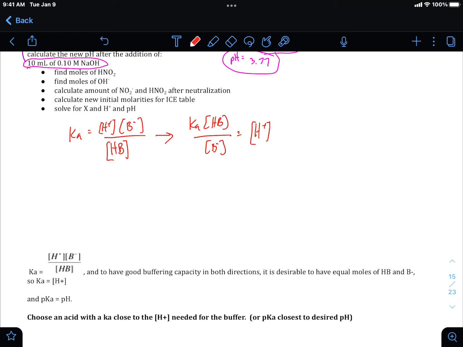So what if I took the natural log of both sides of this? I'm sorry, not natural log, negative log. Let's say I took the negative log of both sides of this. All right? So what that would do is I would get the negative log Ka minus the log of HB over B minus equal to the negative log of H plus.